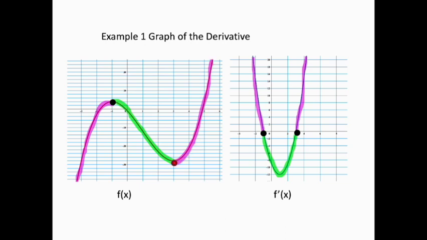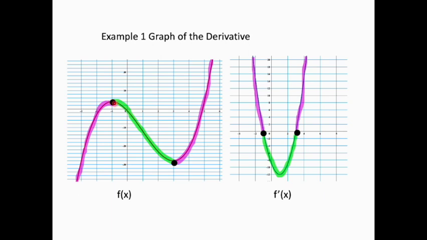When I look at 3 to positive infinity, that's increasing. So on the derivative, those values on that interval should be above the x-axis. That's here. Now, the places where the derivative is 0, that would be here and here. On the function, that's where we have our local maxes and mins.